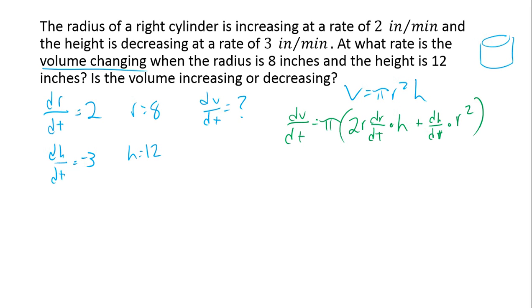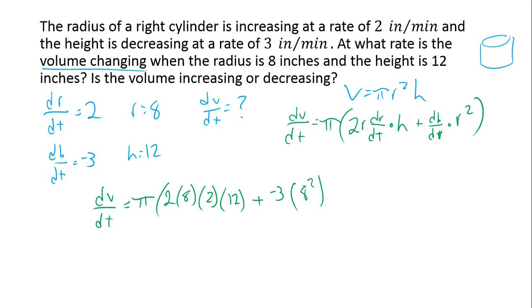Okay. And now that we have these, we can plug in our numbers that we already know that we have. I mean, this one's pretty straightforward with solving wise. dV/dt is equal to pi times 2 times 8 times dr/dt is 2, h is 12, okay, plus dh, which is negative 3, times the r, which is 8 squared.